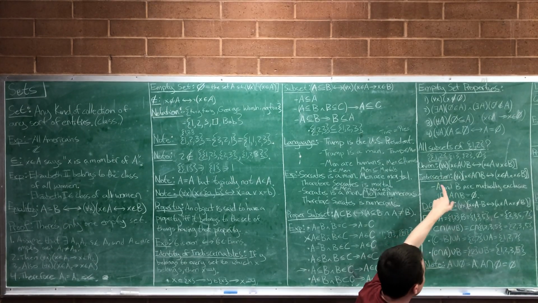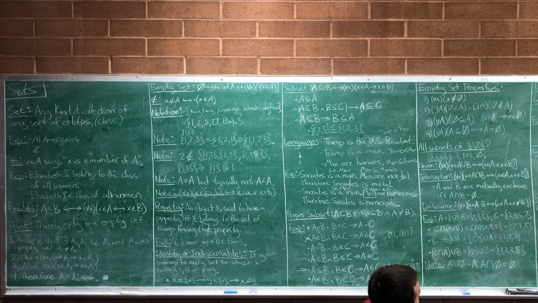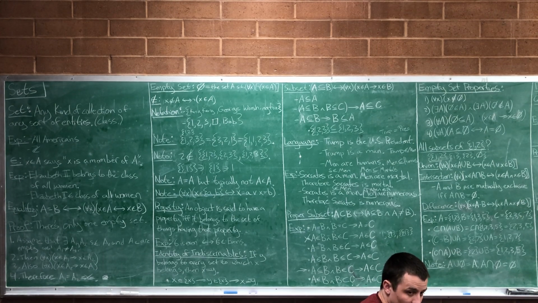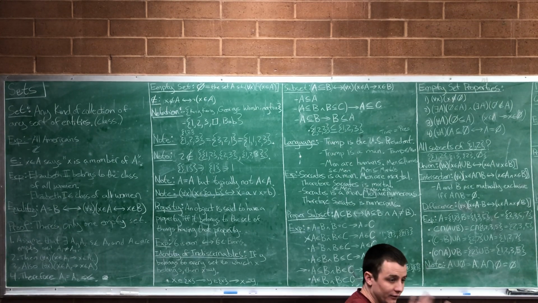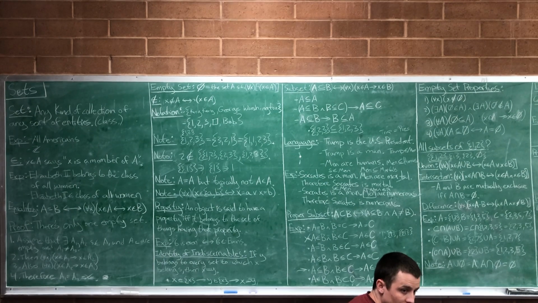For all X, X is in the set A union B if and only if X is in the set A or X is in the set B. Isn't that just addition? Kind of. Some authors use the plus sign for union, and they would call it set addition.